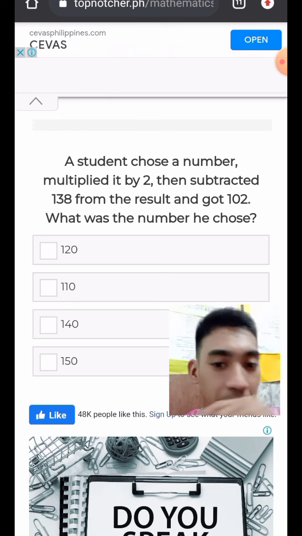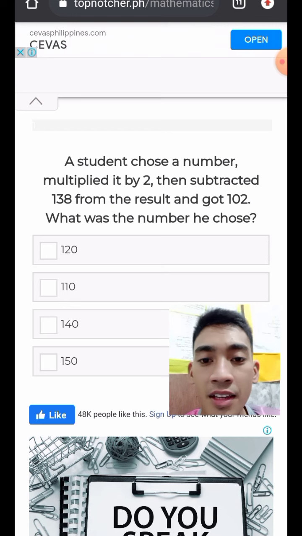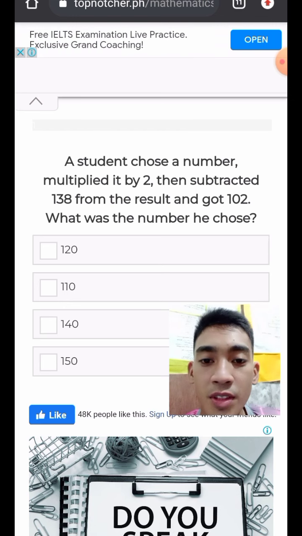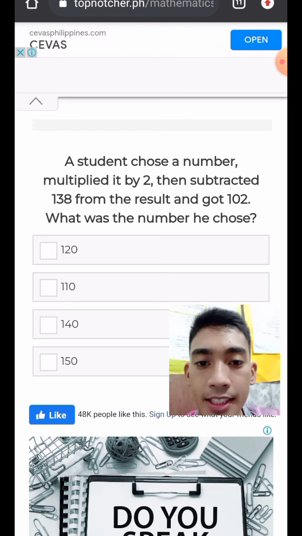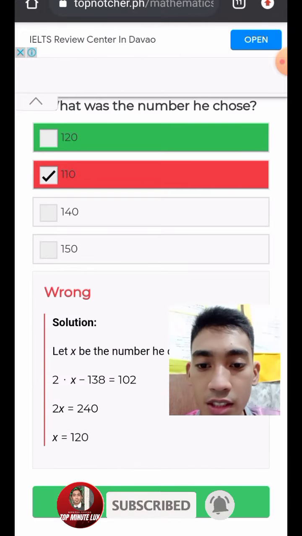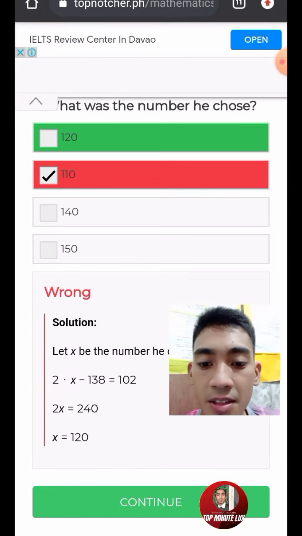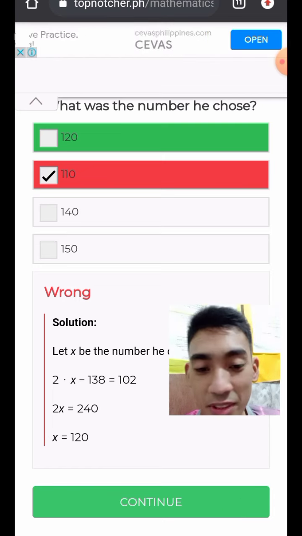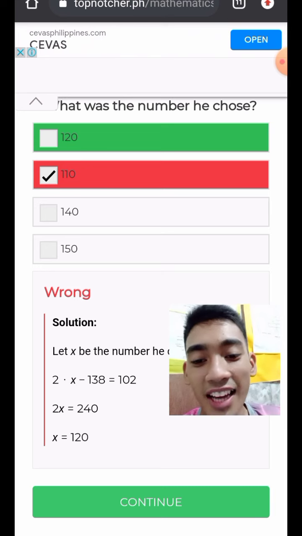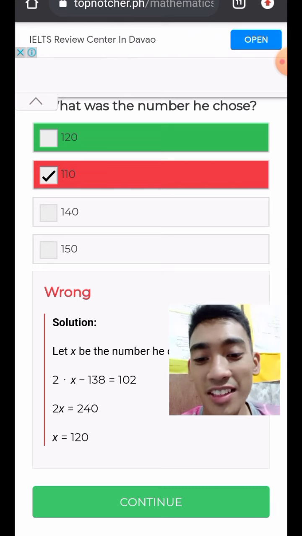Then divide both sides by 2. 36 divided by 2 will give us 18. Let's try 110. Okay, it's 120. Instead of subtracting 138, we will add 138 plus 102.